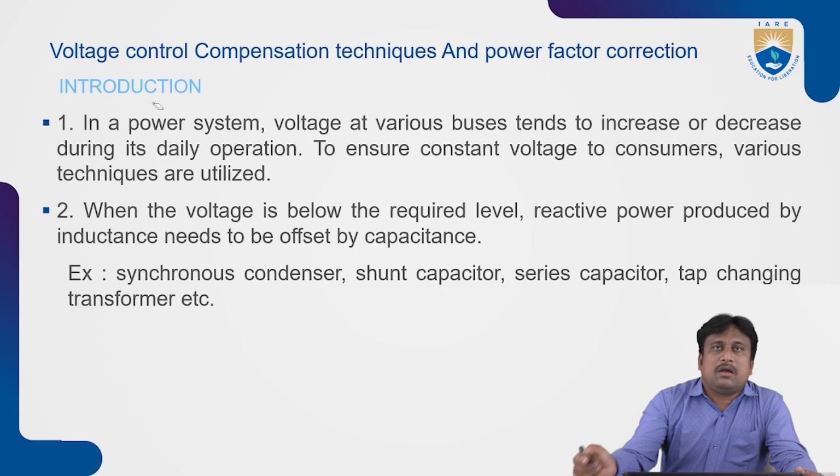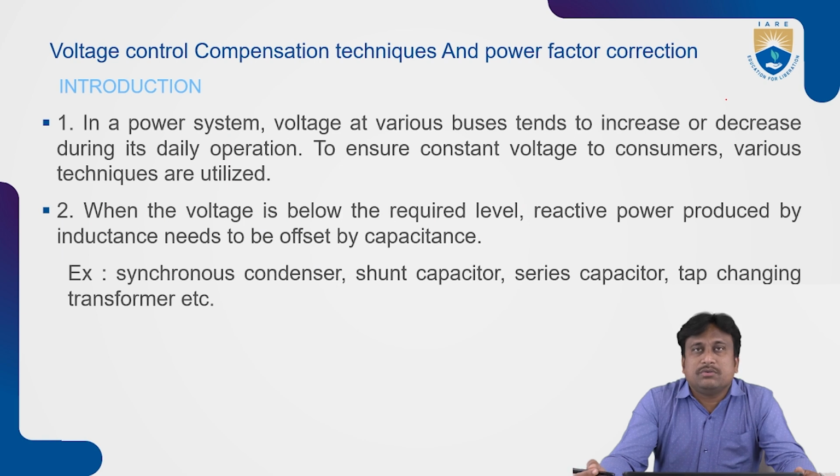Coming to the introduction, usually in the power system network, voltage at various buses is supposed to increase or decrease. This is due to the daily consumption by the load consumers.